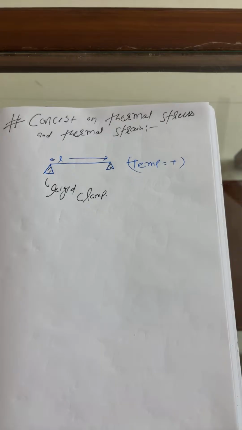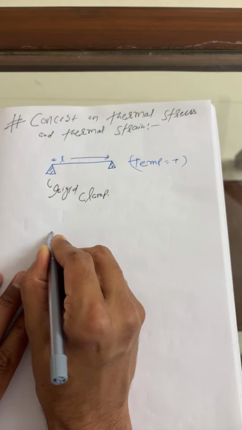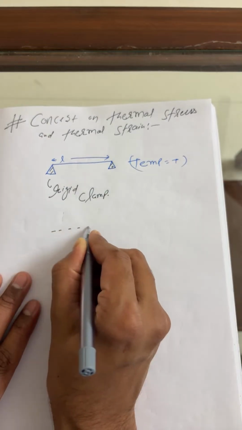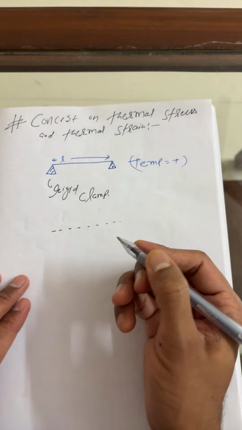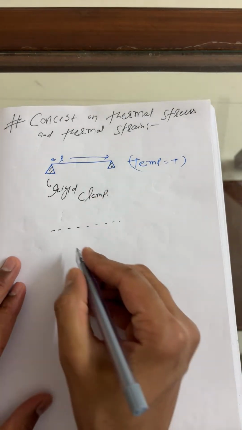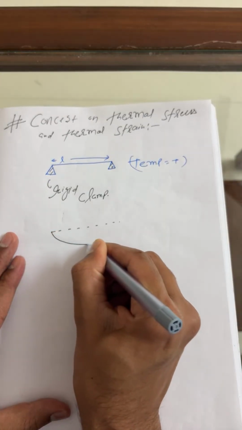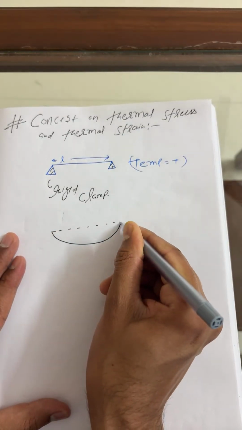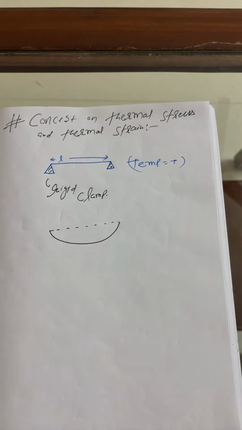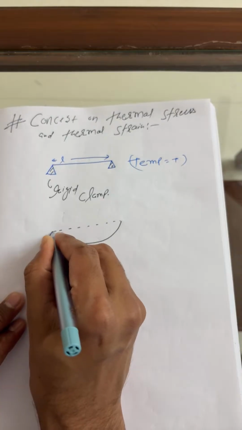So what can you analyze here? This is the initial condition of the rod. But this rigid clamp will not allow it to expand. So you can observe this kind of situation of the rod. The rigid clamp remains the same only.